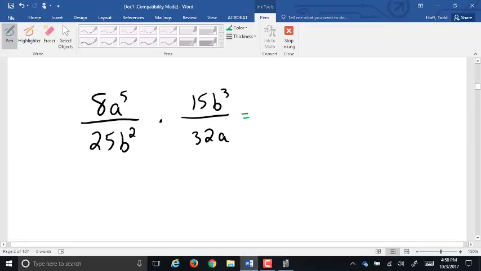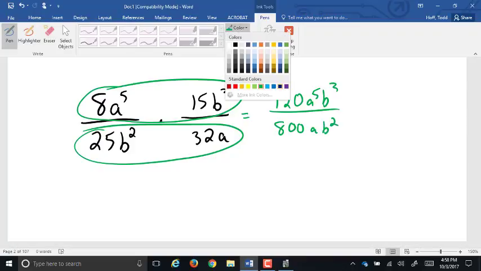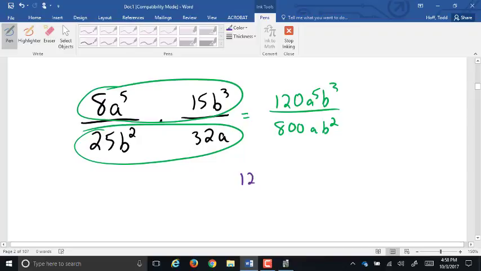So multiply it out. 8a to the 5th times 15b to the 3rd is 120a to the 5th b to the 3rd. 25b squared times 32a is 800ab squared. Then I'm going to reduce 120 over 800.